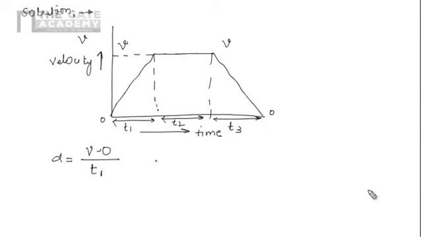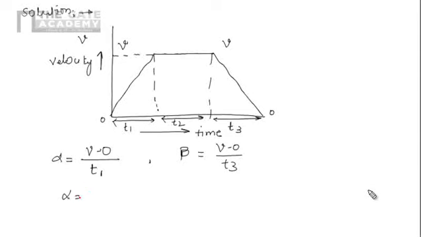Similarly, we can also find beta, that is nothing but v minus 0 by t3. So we have alpha and beta. Beta we are calling retardation. So directly we are mentioning it is retardation, so no need of a negative sign, because a negative sign would tell us it is acceleration or retardation.